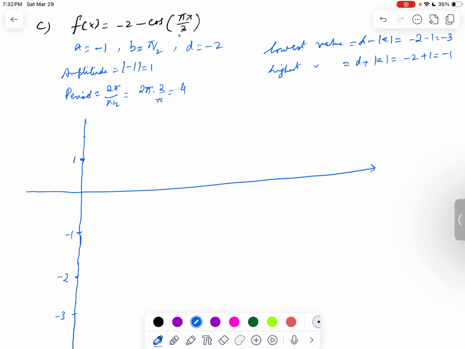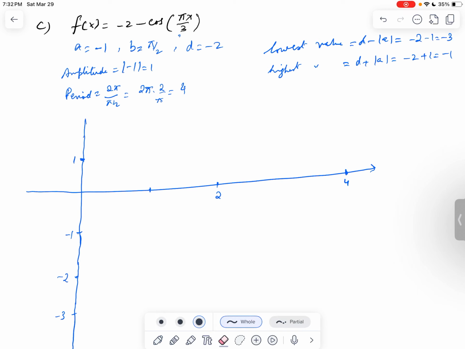So period is 4. I will put 4 here, center here 2. Sorry, it was π/3, not π/2, right? I think I made a mistake here. Yeah, this was π/3, not π/2.